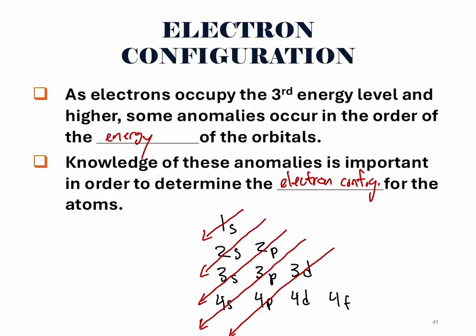You fill in the 4s before you fill in 3d. With the f sublevel, which I'm not going to explicitly test you guys on, I'm just telling you so you have completeness, you're going to fill in the 6s before you fill in 4f, which is a lot. Right, that's 2 principal energy levels away.